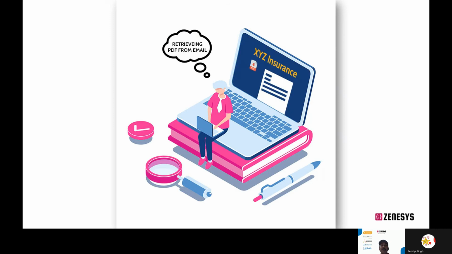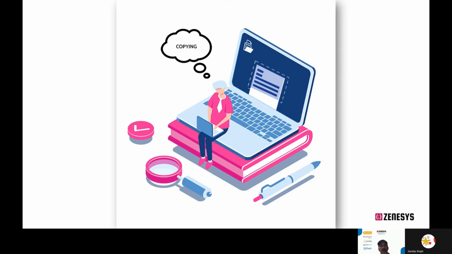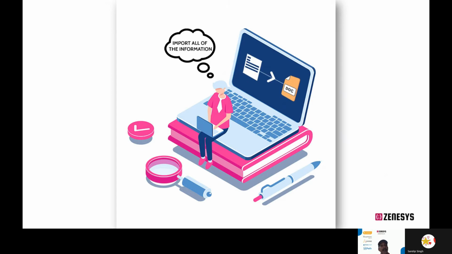He retrieves that email, pulls information from the PDF file, and then copies all that information into a document, creates a document, and then imports information from the invoice that is attached to the email, and then attaches them to the central claim management system, and finally sends it for approval to the management.